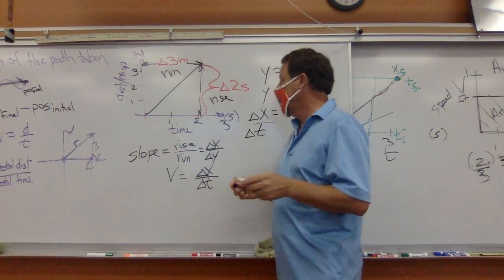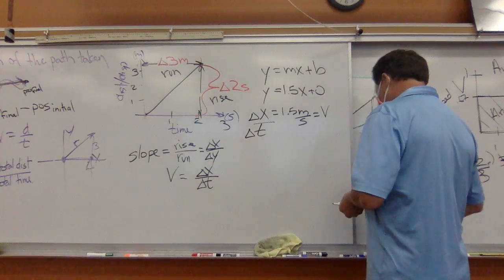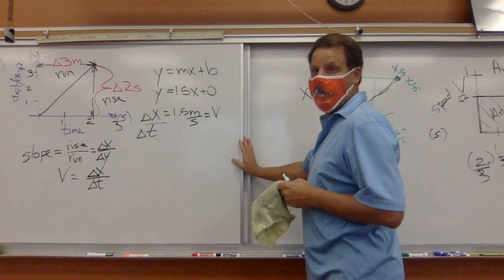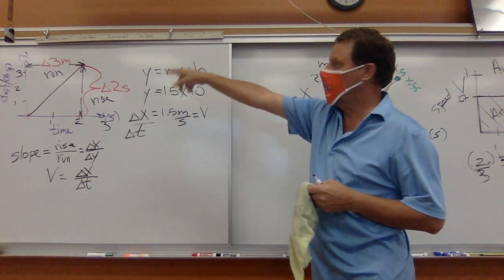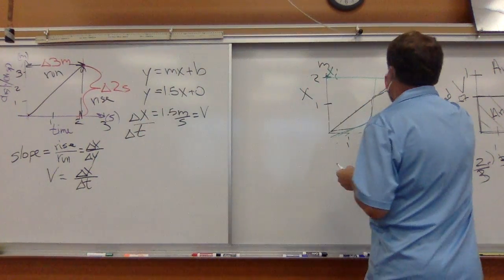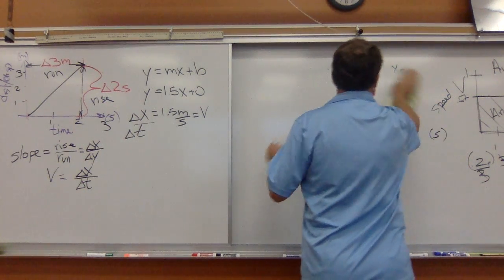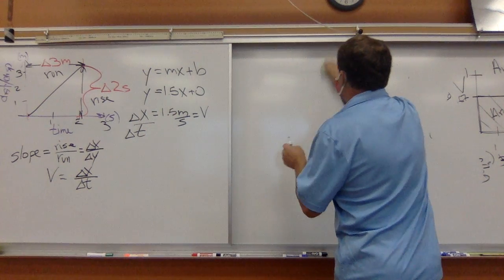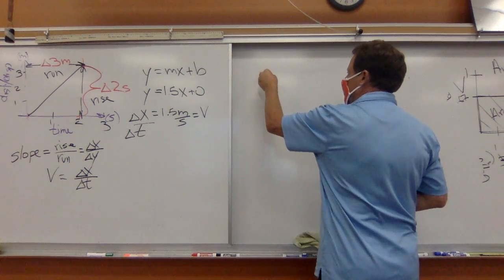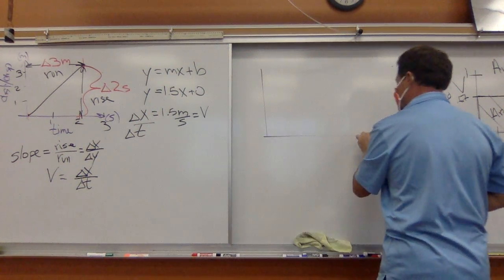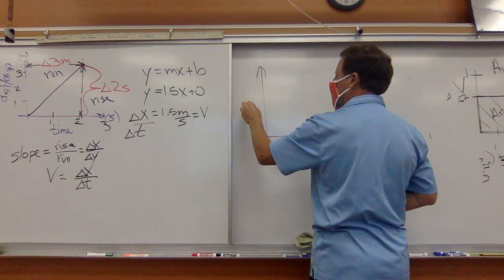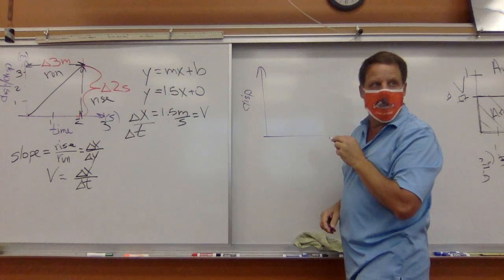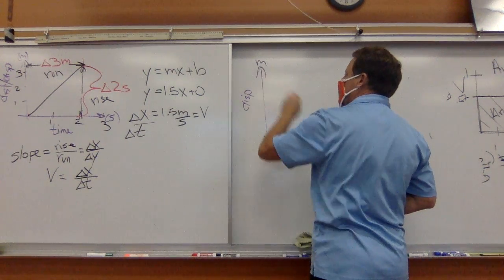Okay, same graph. And what I am going to do is redraw this so we don't have so much stuff. So essentially we've got the same graph here. Now I'm going to reserve this to be displacement.